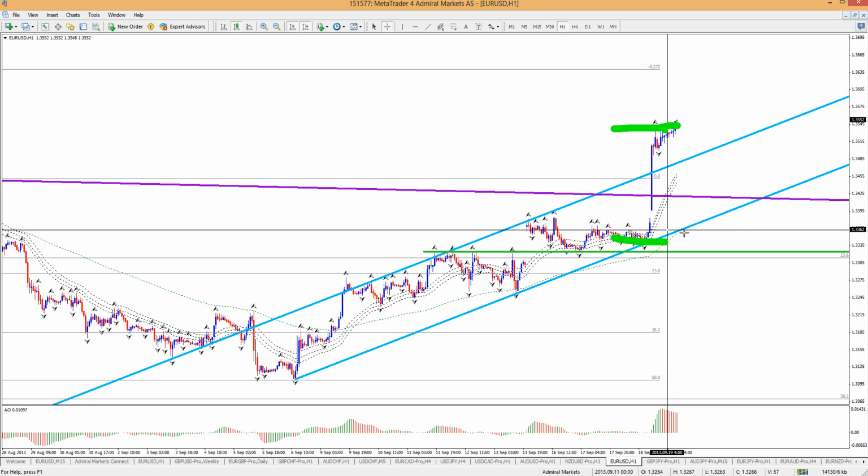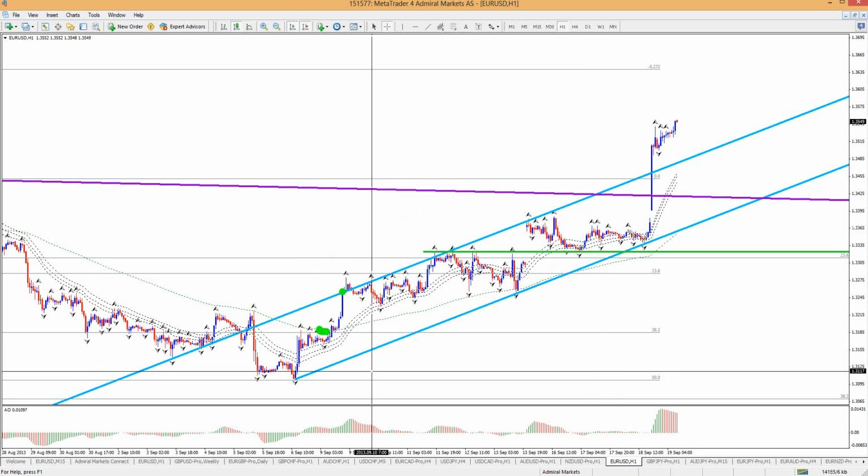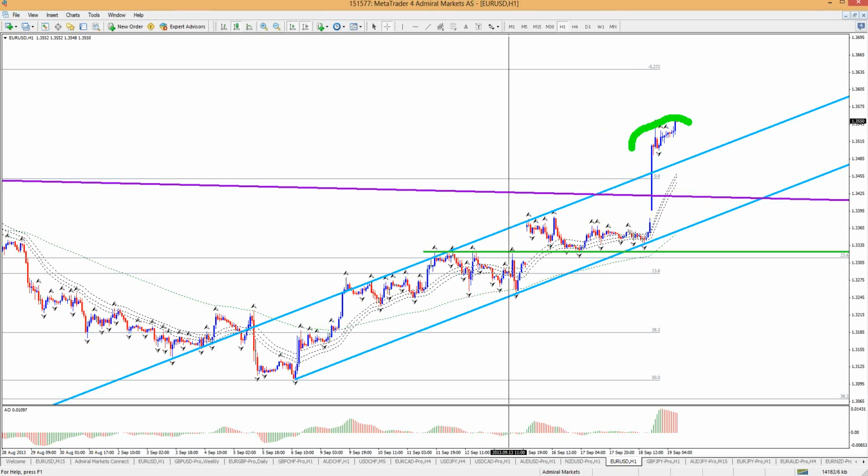Never, ever in this up piece did it move 60 pips an hour. You can just measure the speed of price, take swing high, swing low, and divide it by the hours, and you'll get a very precise number of pips per hour. And this was definitely the highest. So for me, it's not even near a potential reversal position yet.